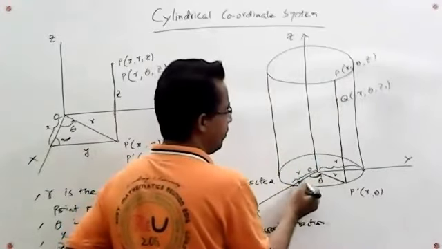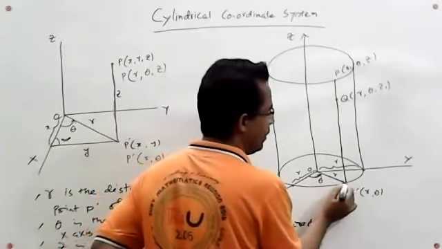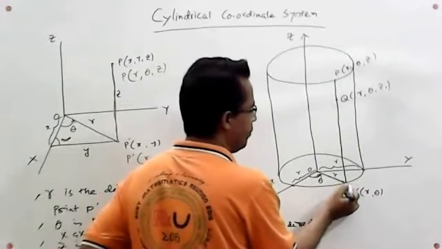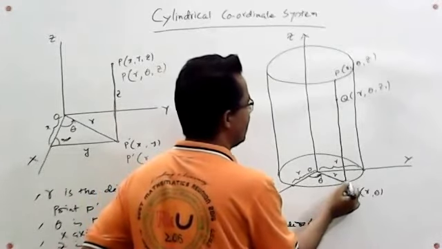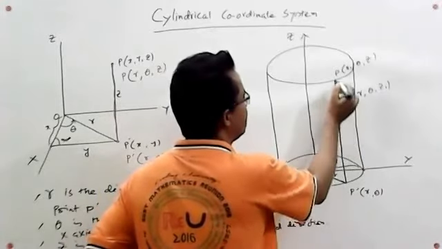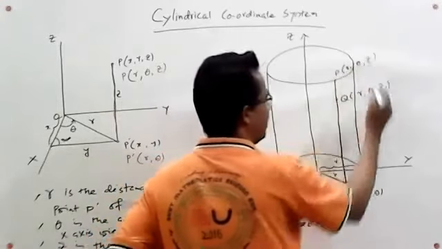So we reach from here to P dash, which is (R, theta). Now from here we can easily reach along the z-axis, which is the height of the point. Finally, we reach P (R, theta, z).